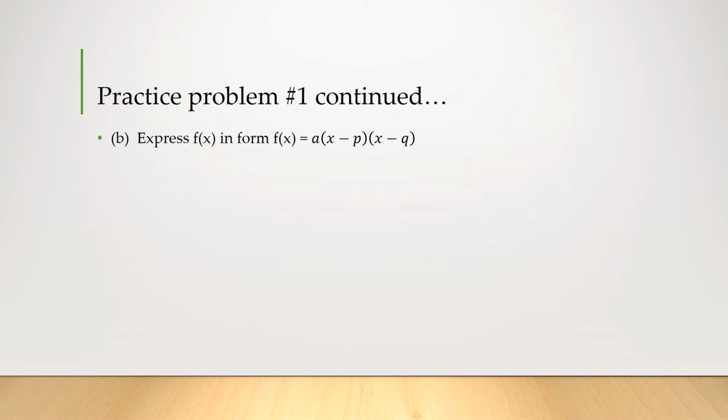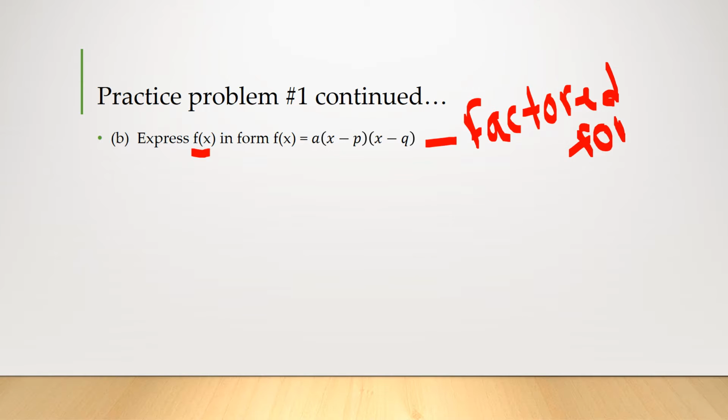All right. So there's a second part to the same problem, and now it says to express f of x in the form f of x equals a(x minus p)(x minus q). We know that this is factored form. So let's rewrite f of x again.